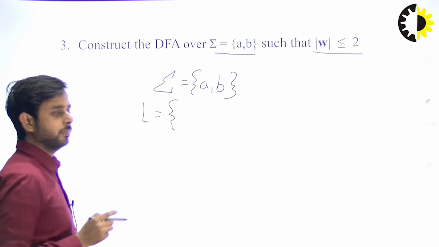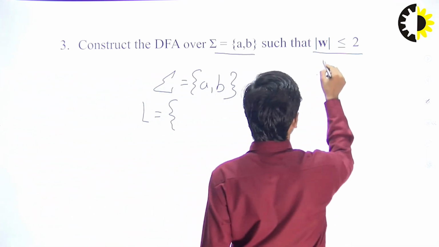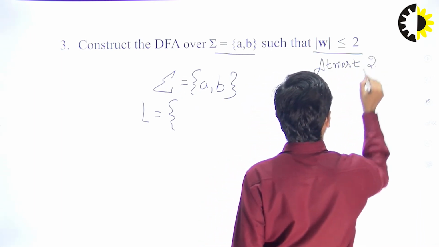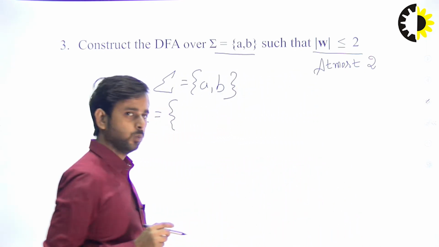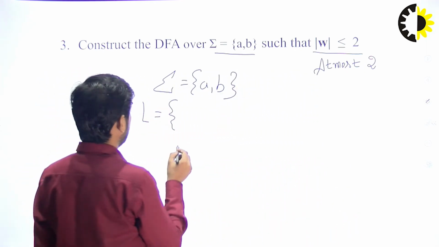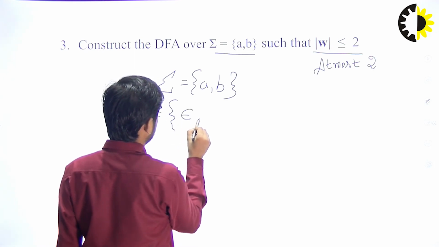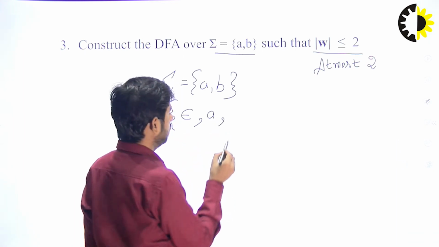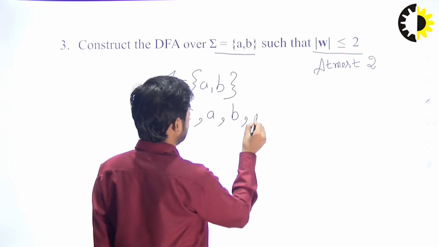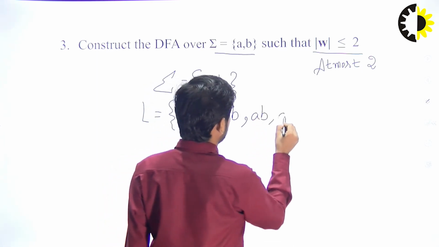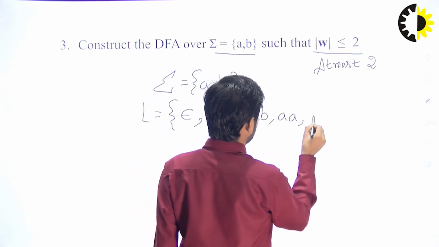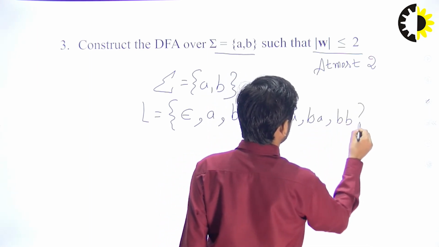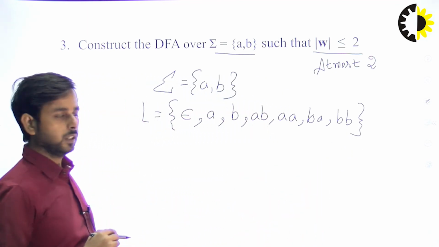Less than or equal to 2 means length will be at most 2. So length can be 0, 1 and 2. So it will contain epsilon, the string of length 0; A and B, strings of length 1; AA, AB, BA and BB, strings of length 2. All these strings will be accepted by the DFA.